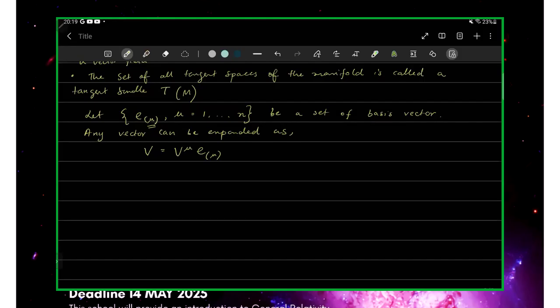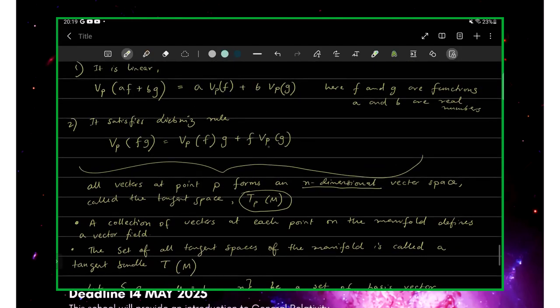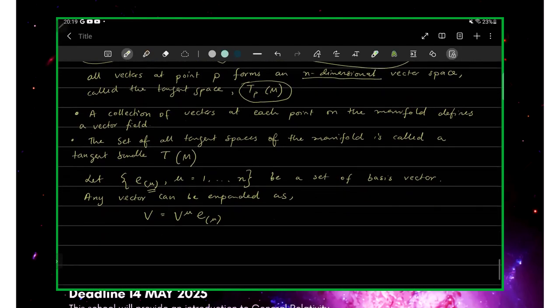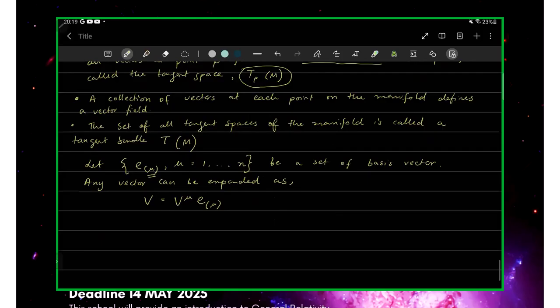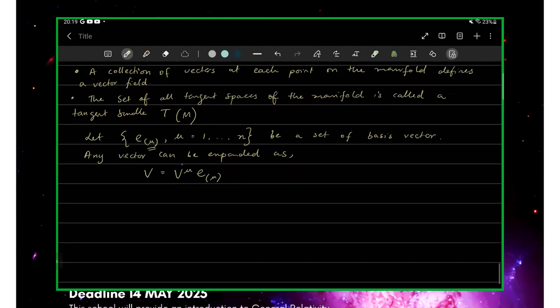And I think most of you have seen this before, where we have just dropped the P. The way we've defined it was V_P, but now we're just generalizing for any point, so therefore we dropped the subscript P. Now this expansion V mu over here is the component of the vector V in the particular direction mu, which is either 1, 2, 3, etc., depending on which dimension you're talking about.